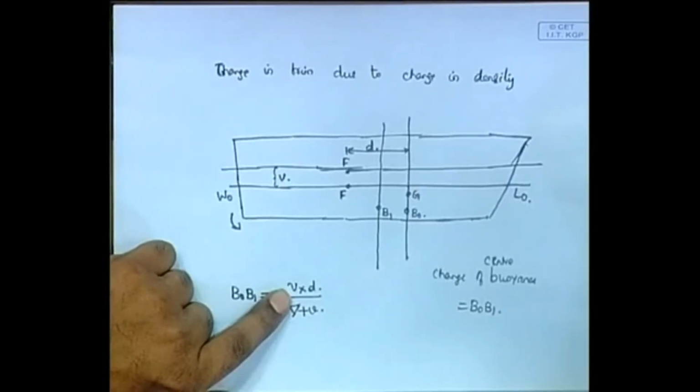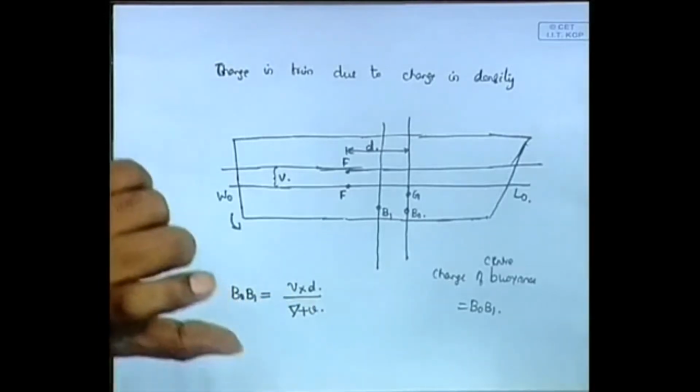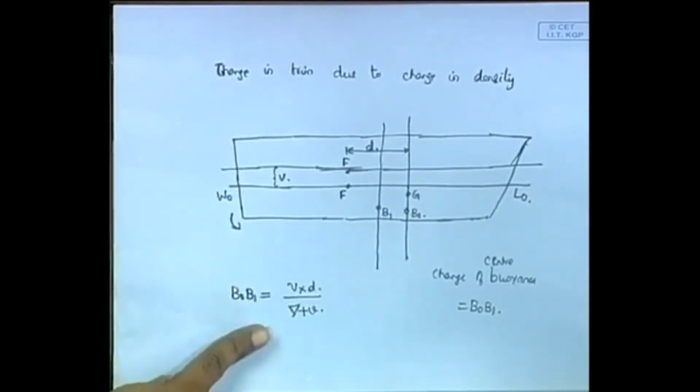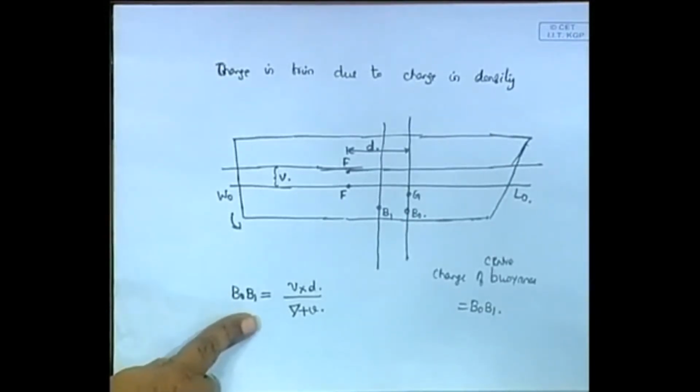It has moved a distance d. A small volume. So what we see here is that that's correct. A small volume V has been added a distance d from the center of buoyancy. Okay. So as a result of which the center of buoyancy moves B0 B1.